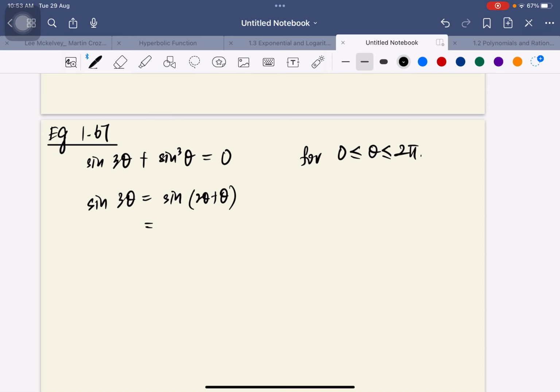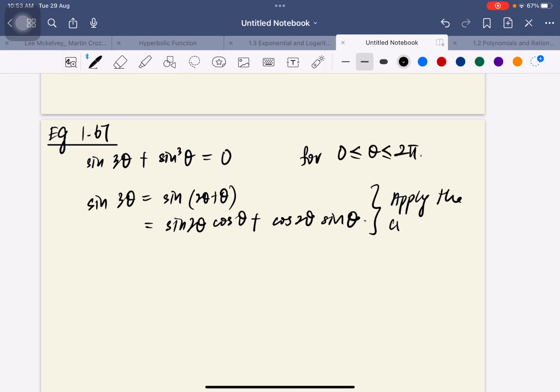So sin A cos B plus cos A sin B. Okay, apply the compound angle formula here.